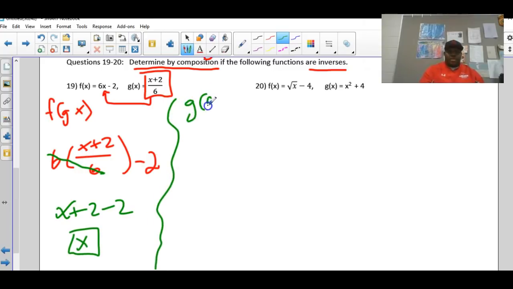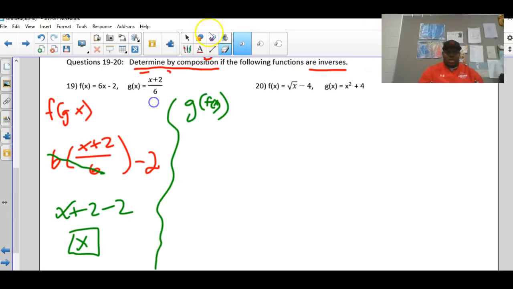Now, do it the other way. G of f of x. This function will be plugged into that.